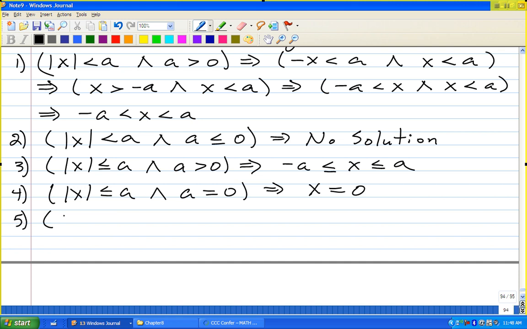So let's try to solve absolute value less than or equal to a when a is less than 0. Well, this would say the absolute value is less than 0, but that's impossible. And so this has no solution.